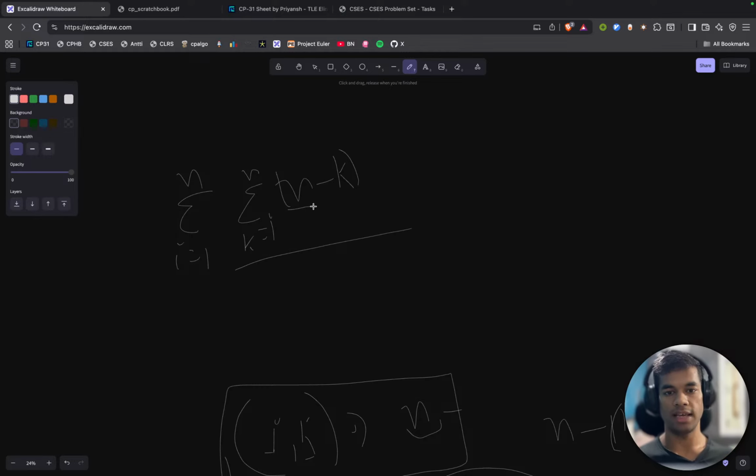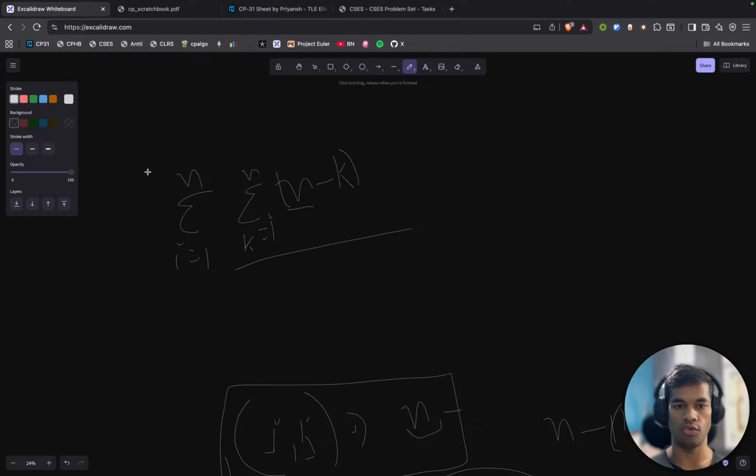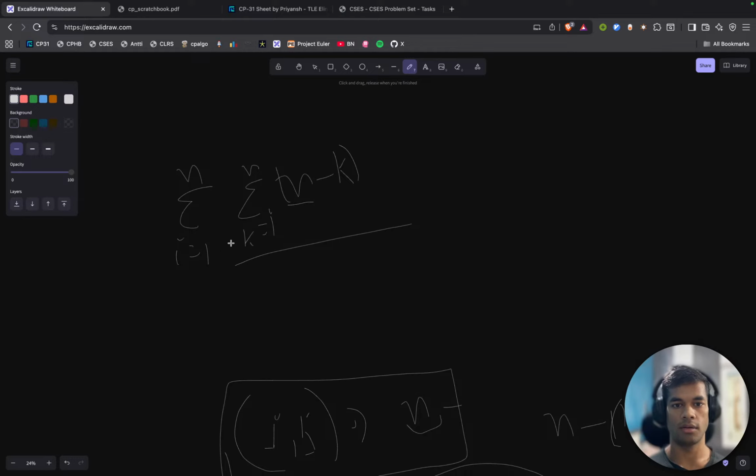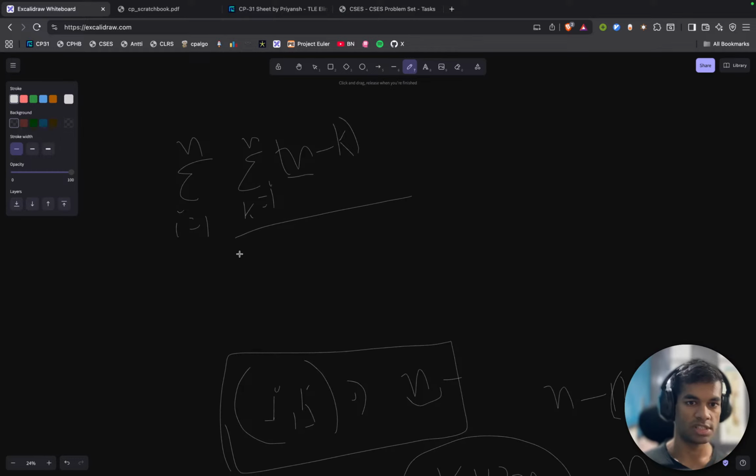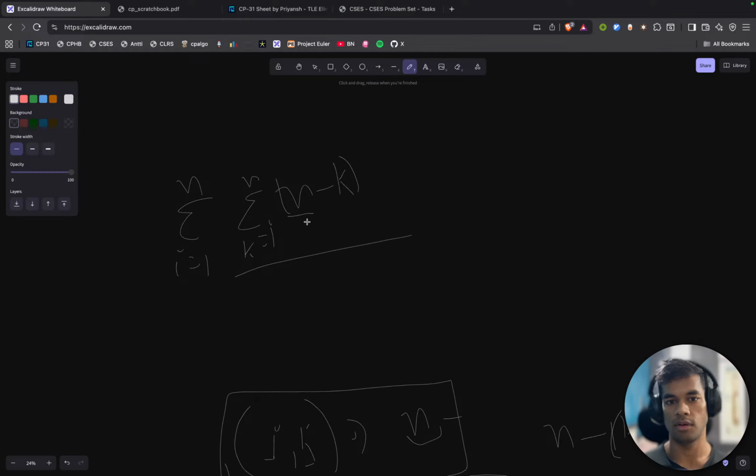We can just take n common outside. We can take n out of this summation, and we would have summation I equals 1 till n outside, n into summation k equals I till n, n minus k.